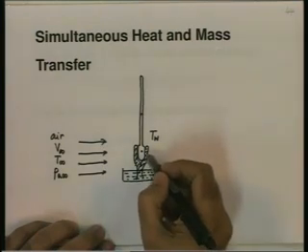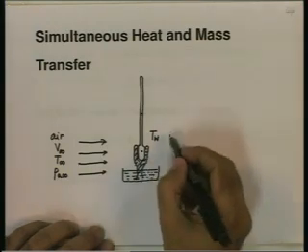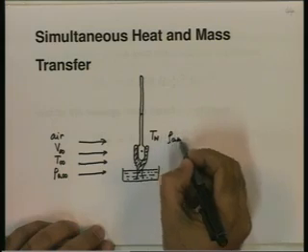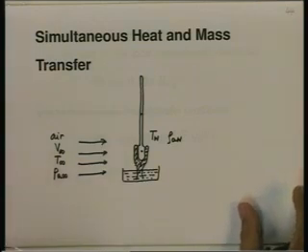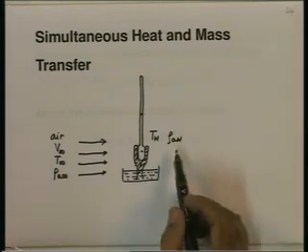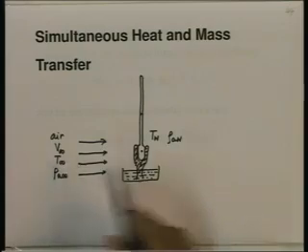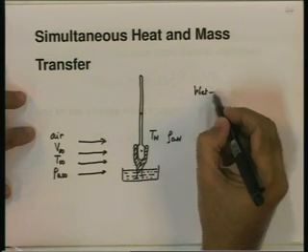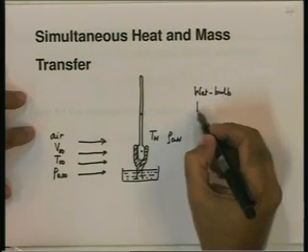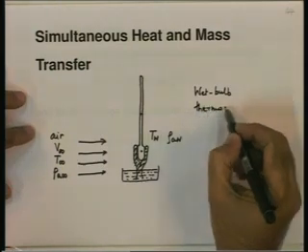And let us say that the density of vapor in air just next to the wick as it evaporates is rho A W. Let us try to derive a relationship between Tw, rho A W, T infinity, rho A infinity, V infinity, etc. This is the typical wet bulb thermometer.